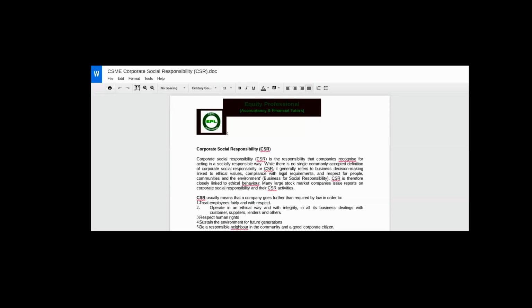So we can say that CSR is closely linked to ethical behavior. Corporate organizations that have an artificial life must act in an ethical way within and outside the organization.